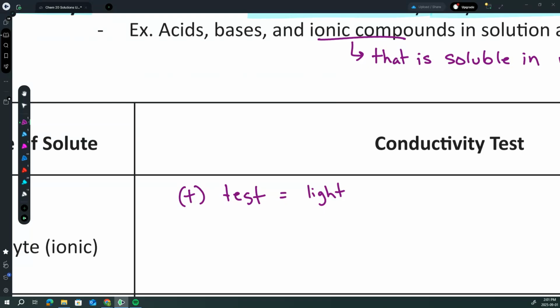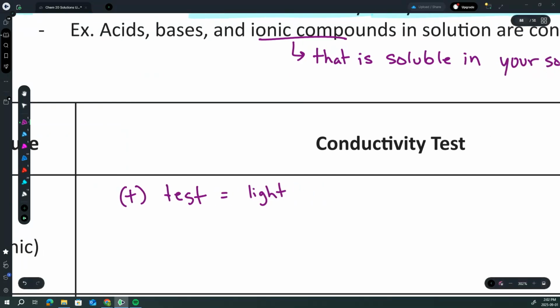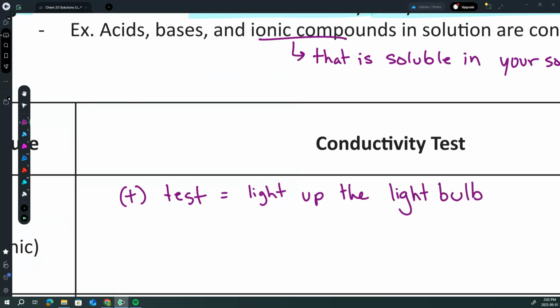And basically what that indicates is, yep, there's ions present in this solution and it is an electrolyte. So this just means the solution contains ions. That's what that means.